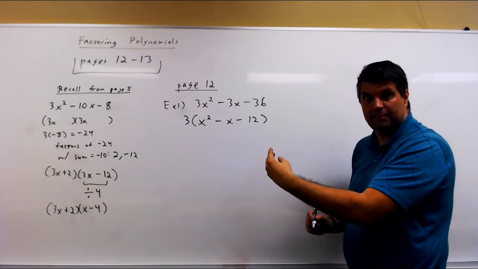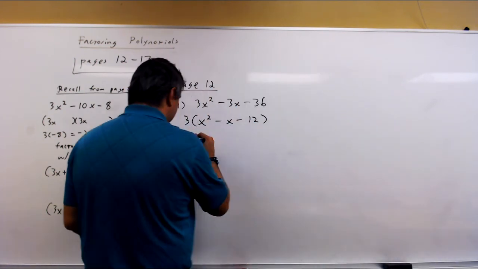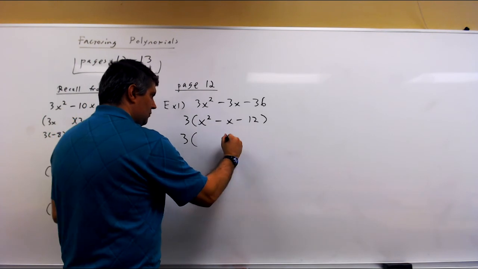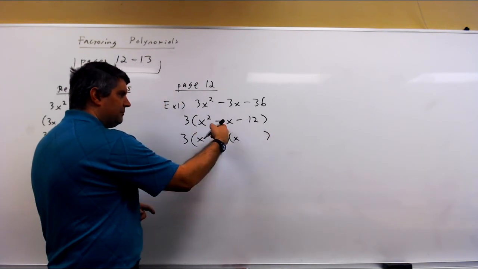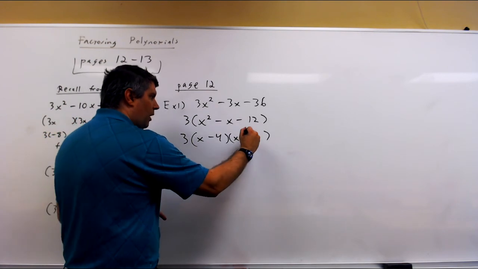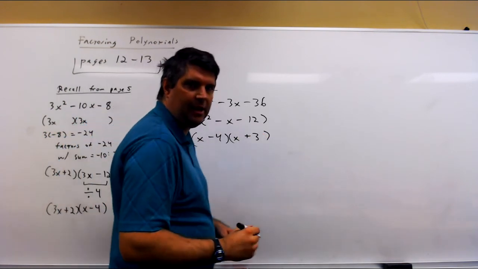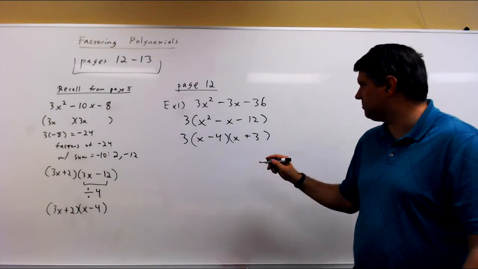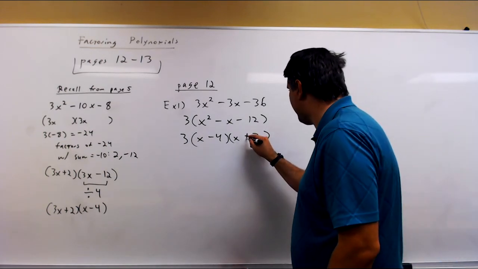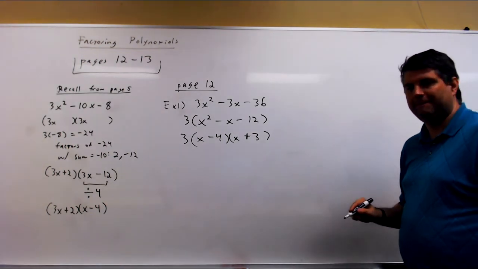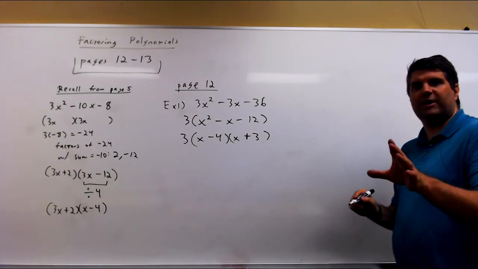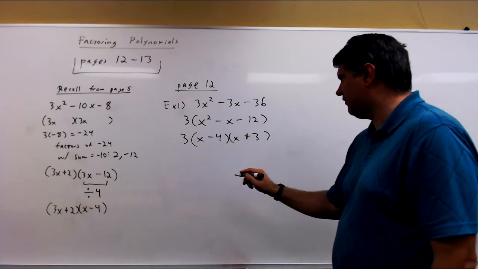And I can. The pair of factors of negative 12 that add to negative 1 are negative 4 and positive 3. So now I'm done with this polynomial. You have to keep factoring until every polynomial is prime. Binomial, trinomial, whatever, it has to be prime when you're finished.